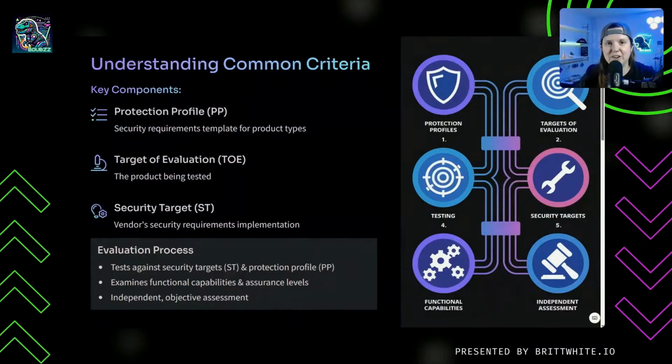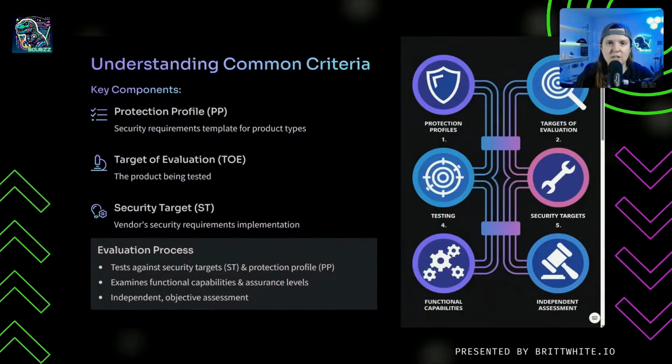The Common Criteria evaluation process rigorously tests the product against the security targets and that protection profile, examining both its functional capabilities, what it does, and its assurance level, how well it does it, and how confident we are in its security. It's an independent, objective assessment.